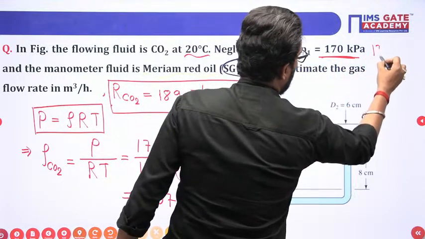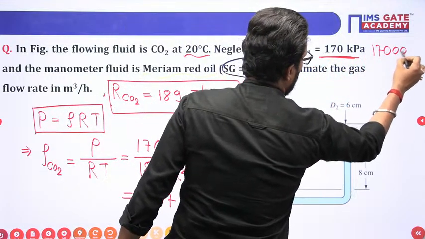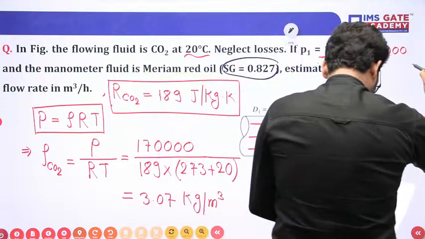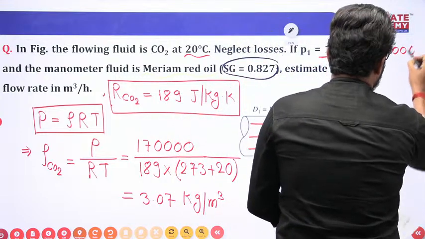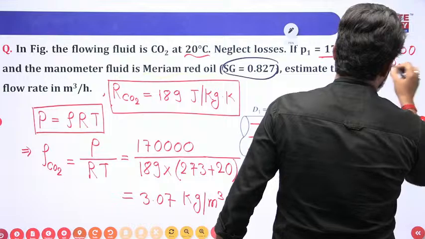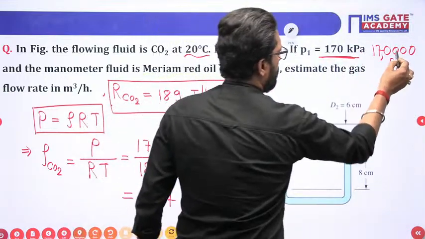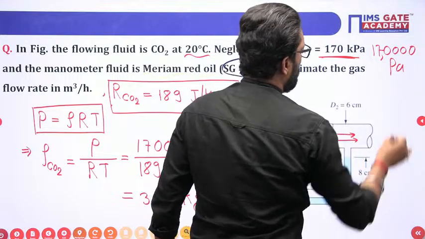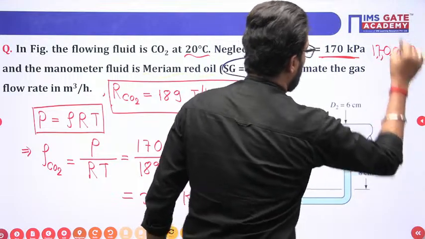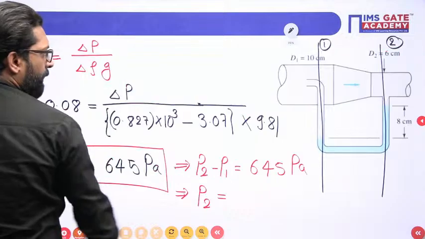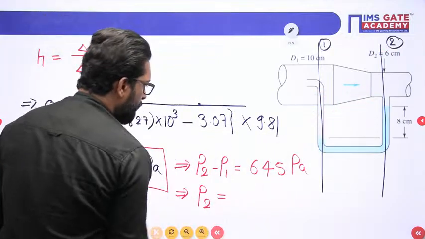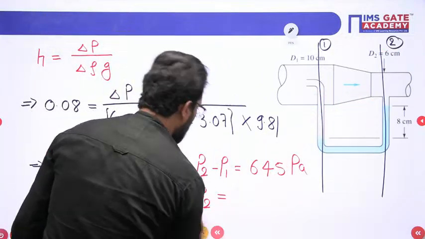This is how much? 170,000 Pascal, that means 1,70,000 Pascal. And here it is less than that, so we have to subtract that value.